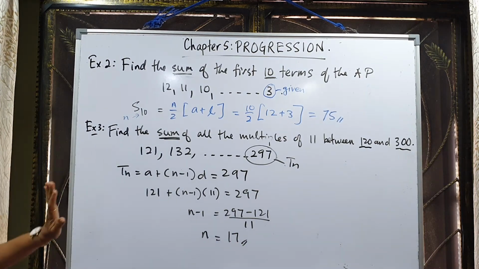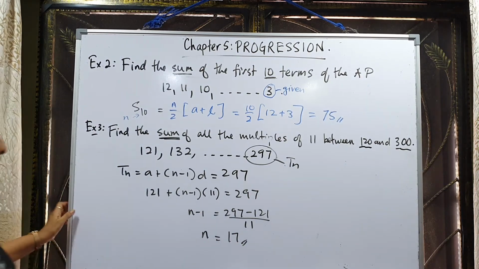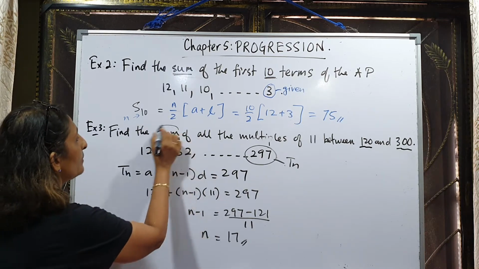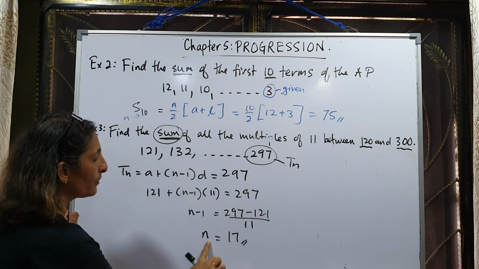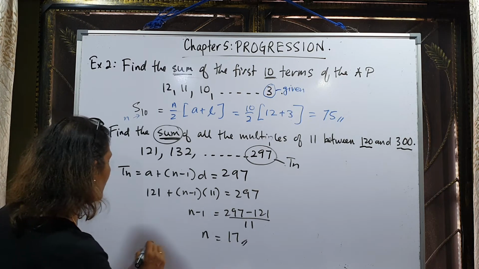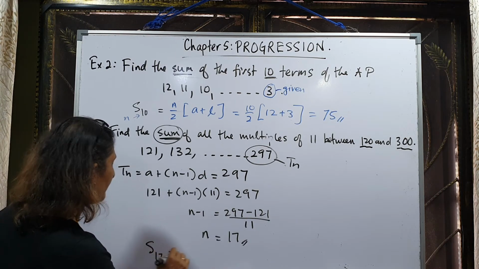Okay, now the question is not over yet. We have found n, but they are asking you for the sum of all these numbers. Now you know there are going to be 17 numbers, so you need to find S17.